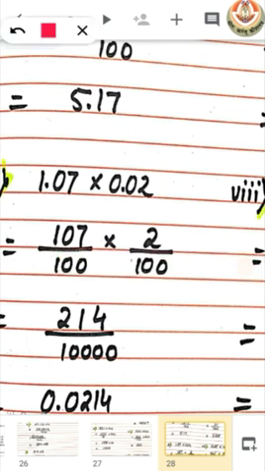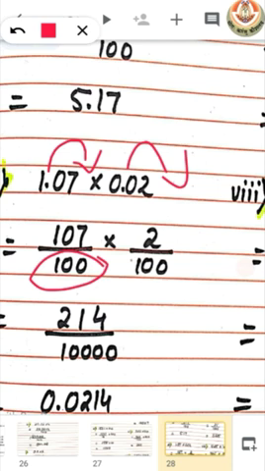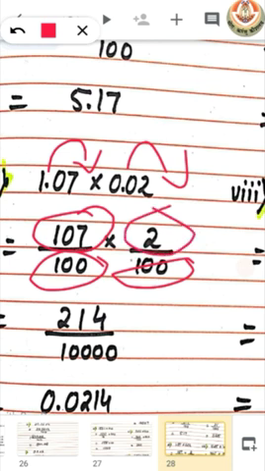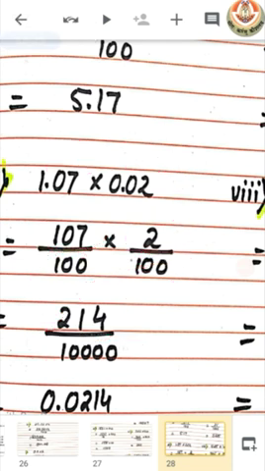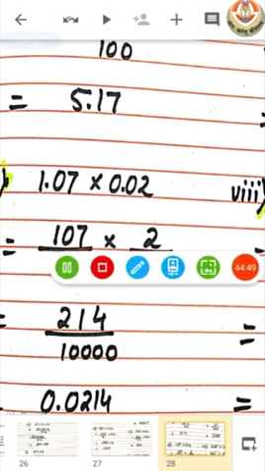Now, to make them whole numbers, we shift the digits to the right side and we get 100 in the denominator for 1.07. Similarly, for 0.02, we get 100 in its denominator. Now we have 107 and 2 as whole numbers, so we multiply them first. Now we have 10,000 in its denominator, so the decimal point will shift 4 digits toward the left.